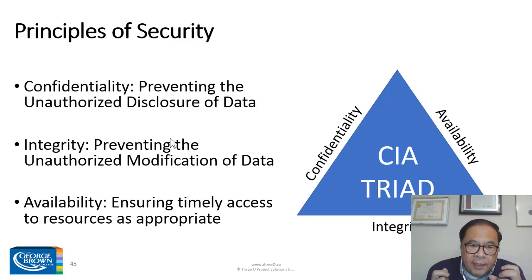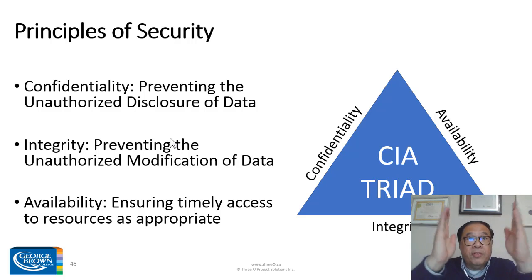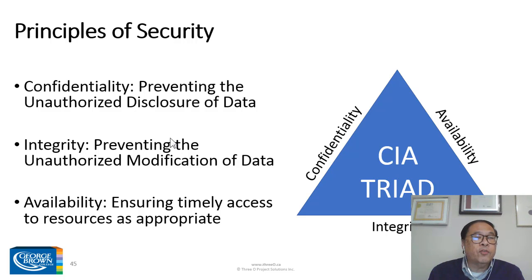So the integrity or accuracy of the data is just as important from a principle of security perspective. So not only do we want to prevent unauthorized access, we have to prevent unauthorized modification, which is just as important if not more.